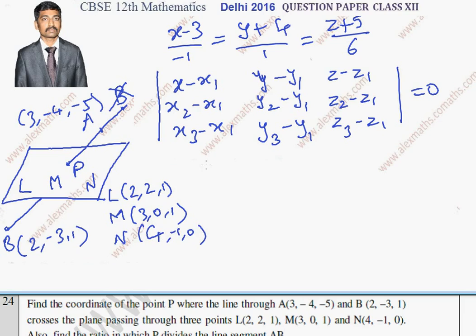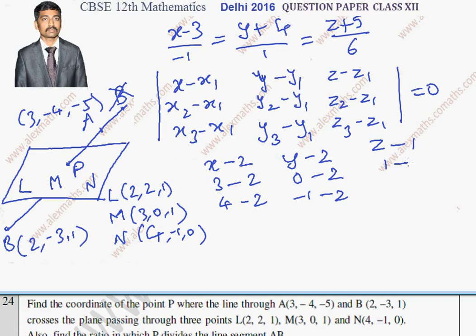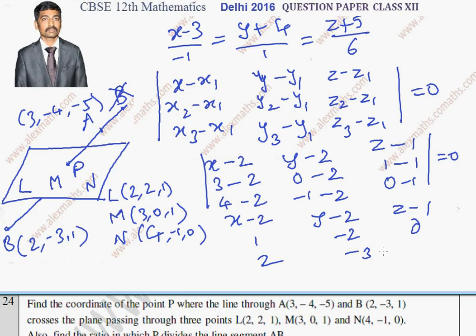So using the determinant, this first row is x minus 2, y minus 2, z minus 1 as it is. This is 1, minus 2, 0, then 2, minus 3, minus 1.